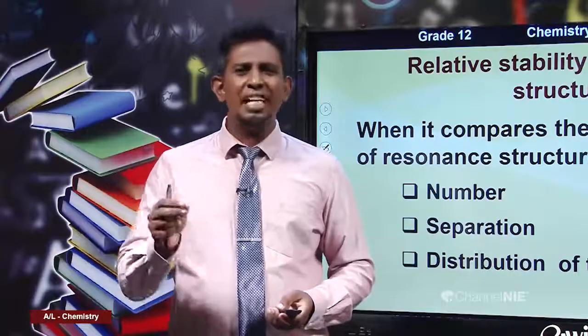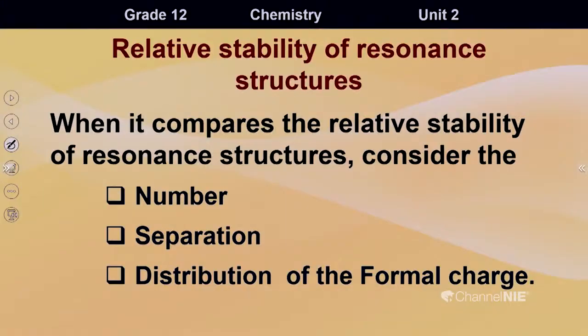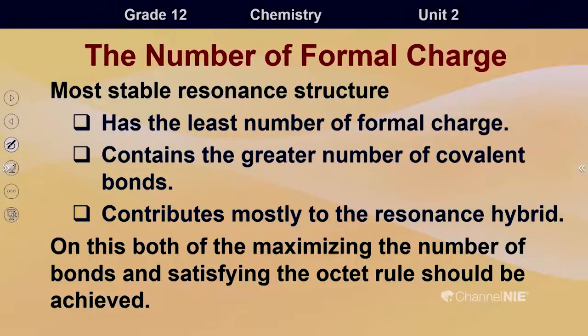Okay, let's find a few examples for those points. What's the first point? The number of charges. Students, when you consider the number of charges, the most stable resonance structure has the least number of formal charges, so it contains the greater number of covalent bonds and contributes mostly to the resonance hybrid.